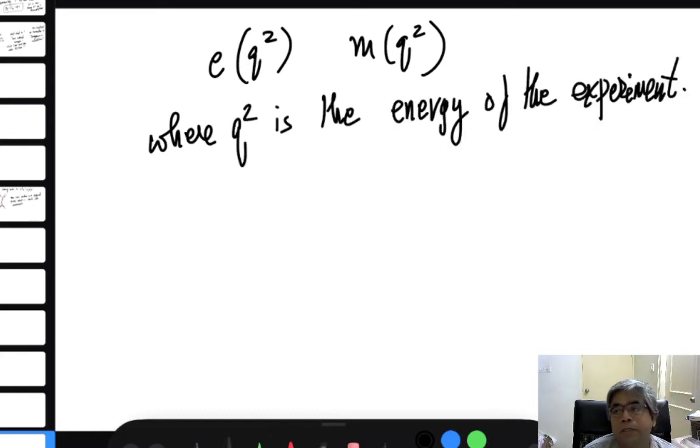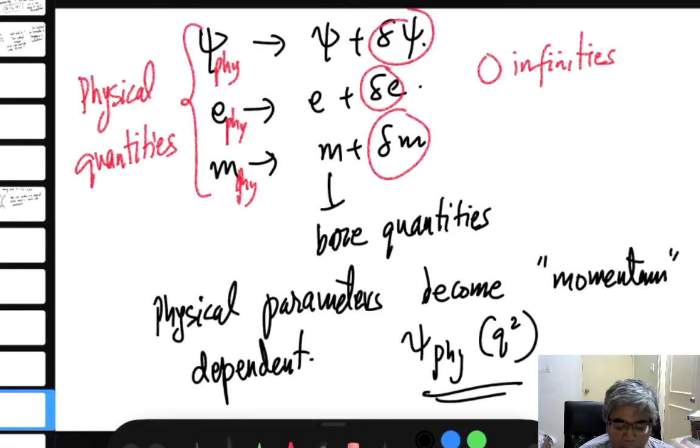So if you are doing an experiment at a given q square, your mass, energy, in fact your wave function, all of them become dependent upon what energy your experiment is happening at.